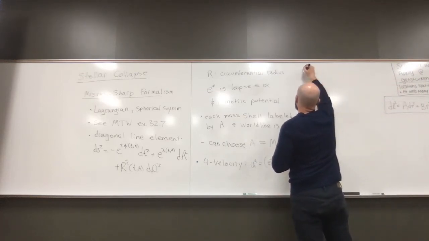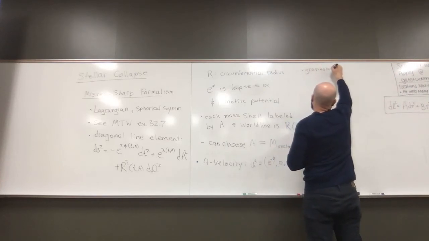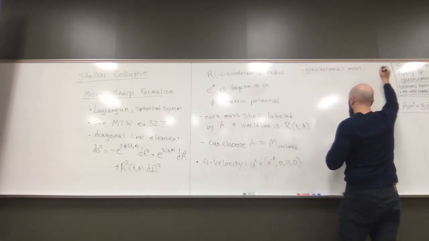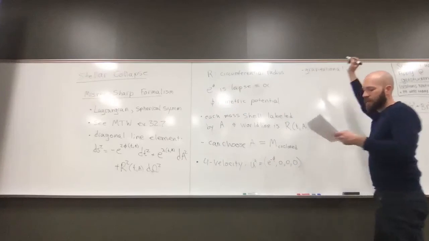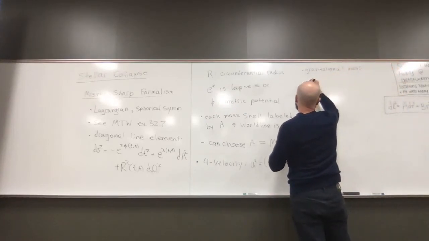We're going to have the gravitational enclosed mass. You will have seen this expression, or something similar to it at least, when we did the TOV stuff and you're computing gravitational mass.